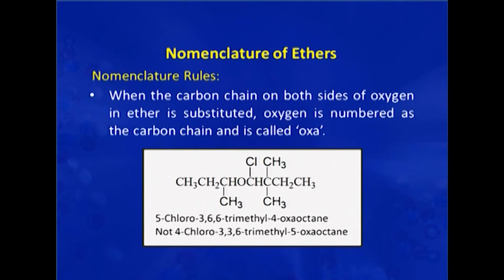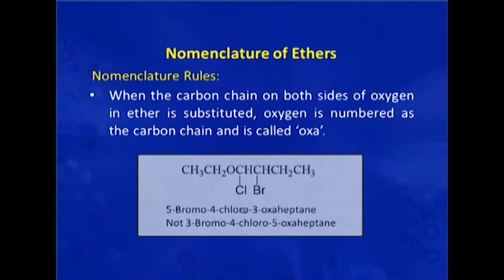But if you remember the rules of nomenclature, the minimum number is given to the functional group, and here in this molecule the functional group is the oxygen atom, or ether linkage, and that is why the correct name for the molecule is 5-chloro-3,6,6-trimethyl 4-oxa-octane.